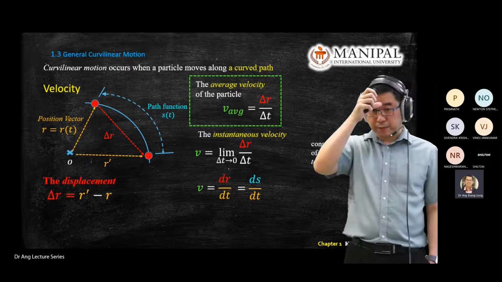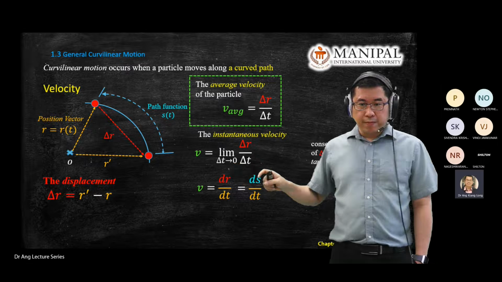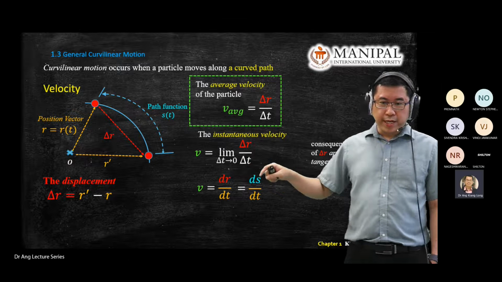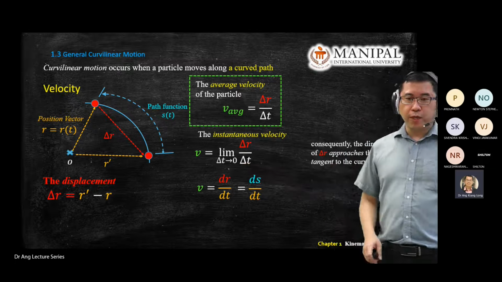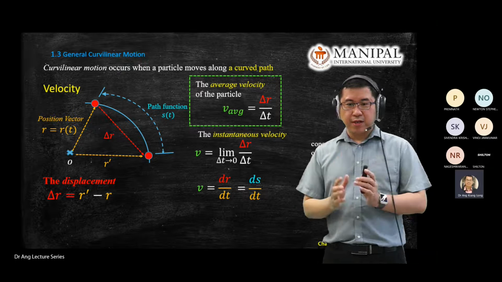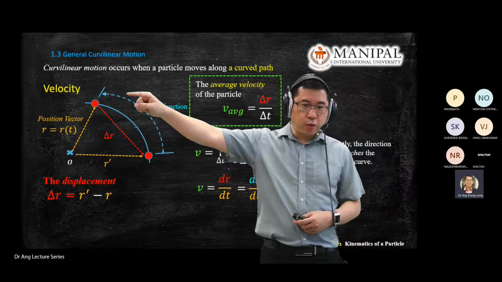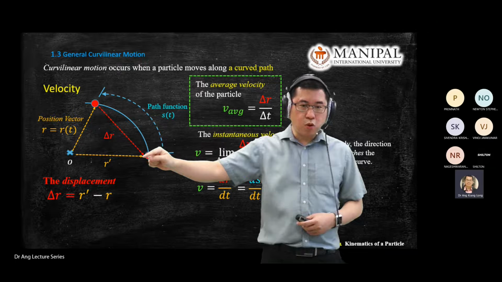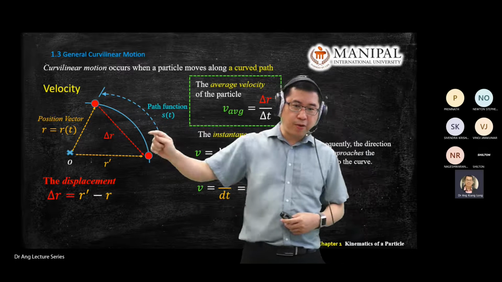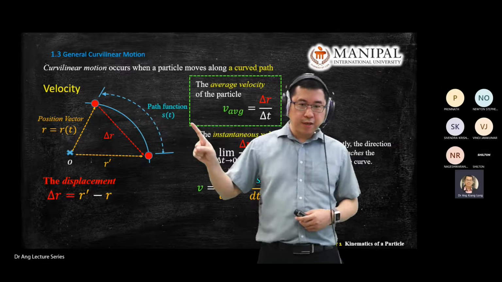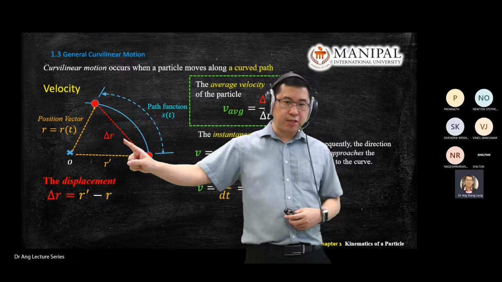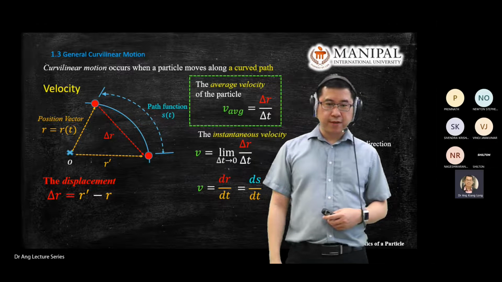The next one is that we will need to equate ds and dr. As you know, when you learn about a circle or a section of a curve, when you have a very, very small change of angle between two points on a circle, you can actually equate your s versus r, right?